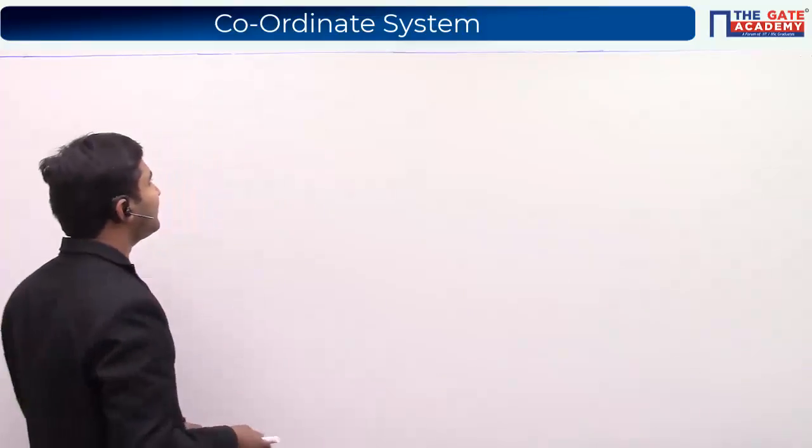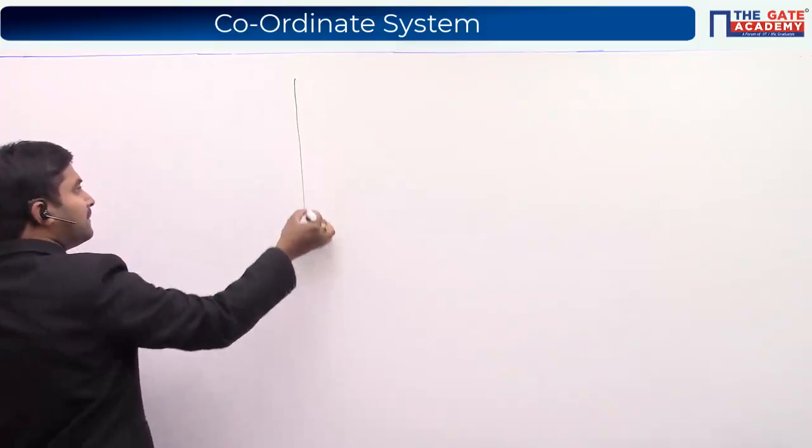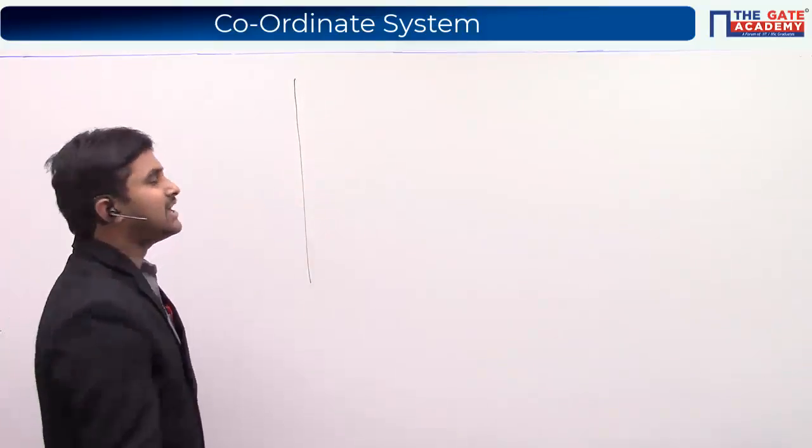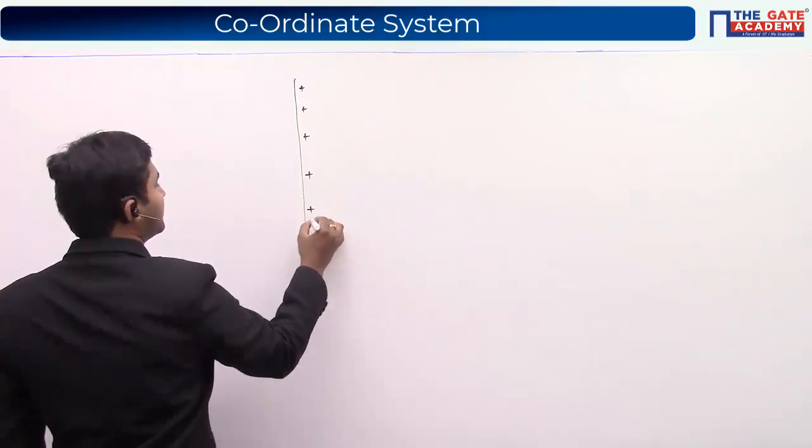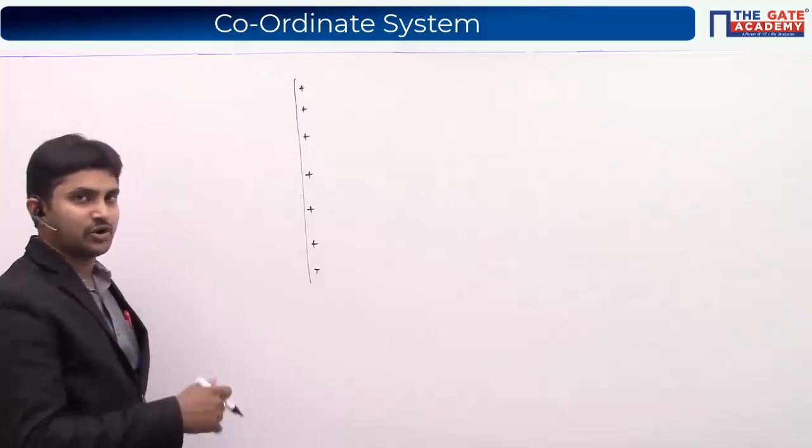For example, if I have a line and this line is going to have a charge on it, let us consider that this line is going to have a charge on it.